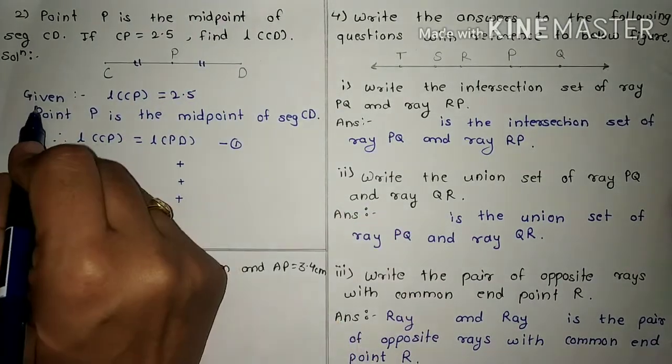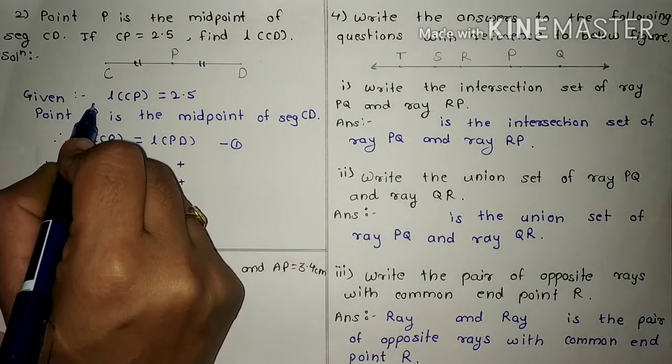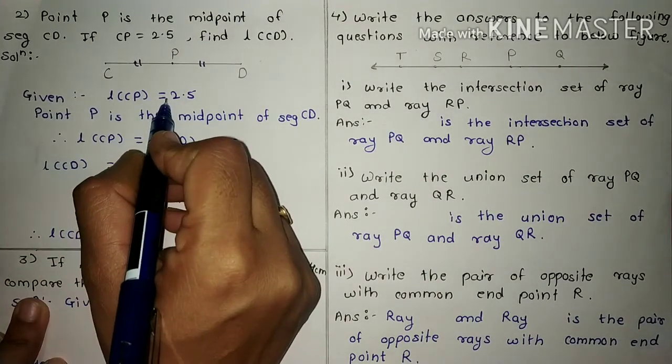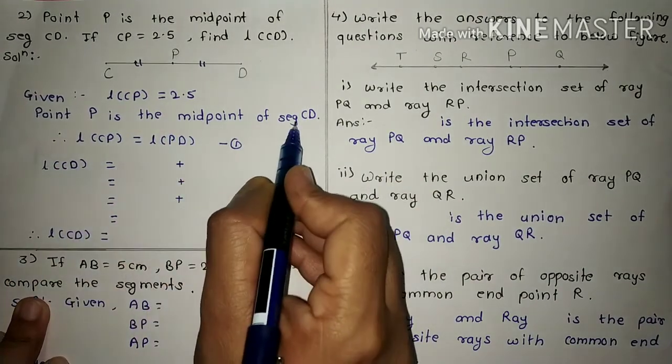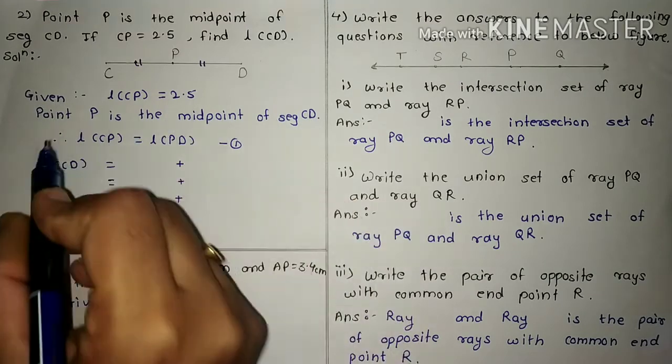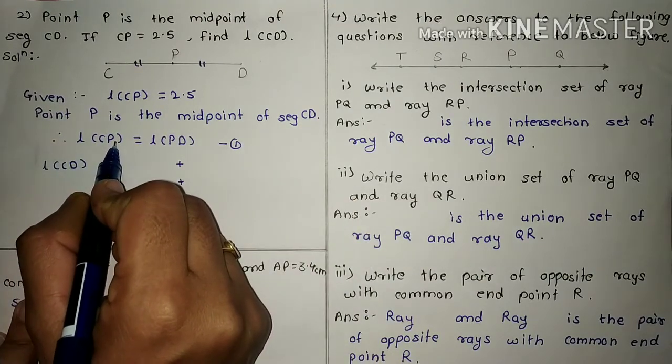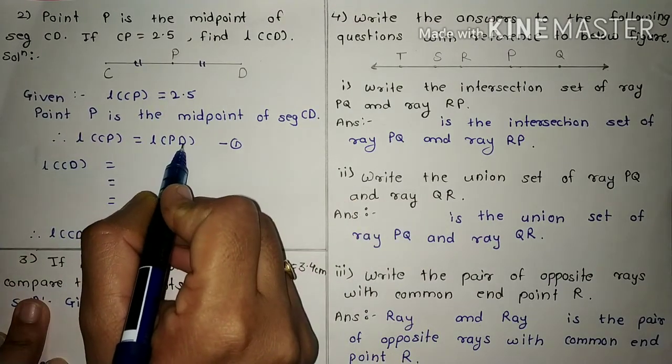Now we have to write given terms. Length of CP equal to 2.5. Point P is the midpoint of segment CD. Therefore, we can write length of CP equal to length of PD.